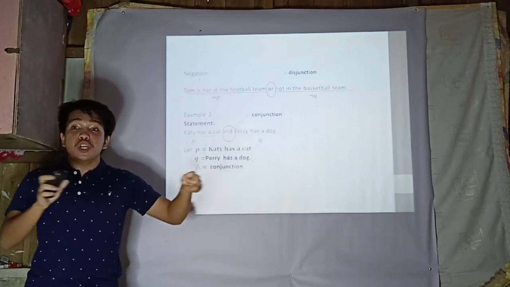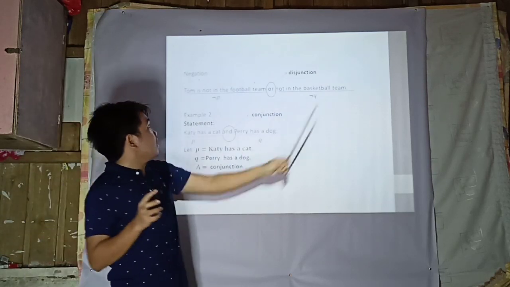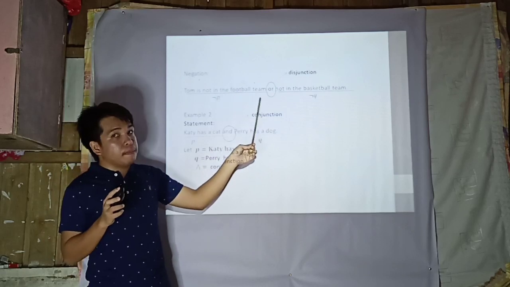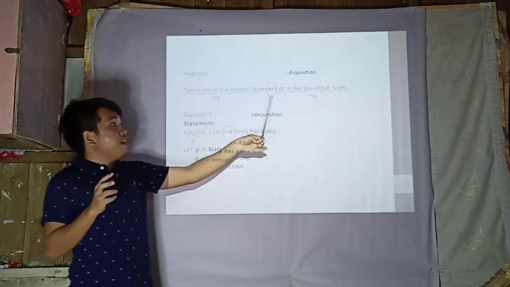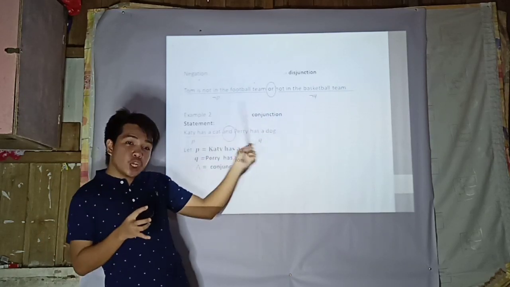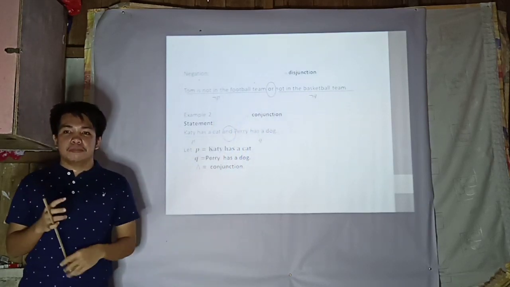So the negation statement is: Tom is not in the football team, or, where "or" is the disjunction, not in the basketball team. That is the negation of the first statement.